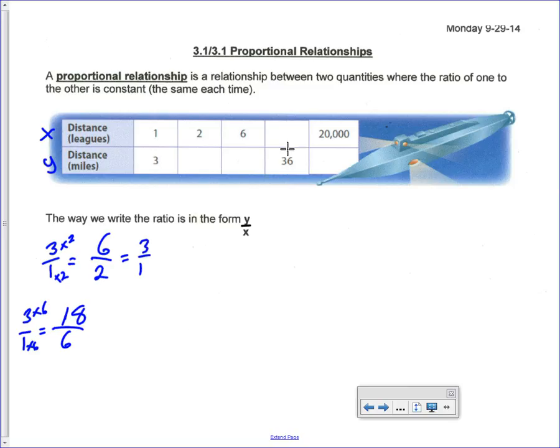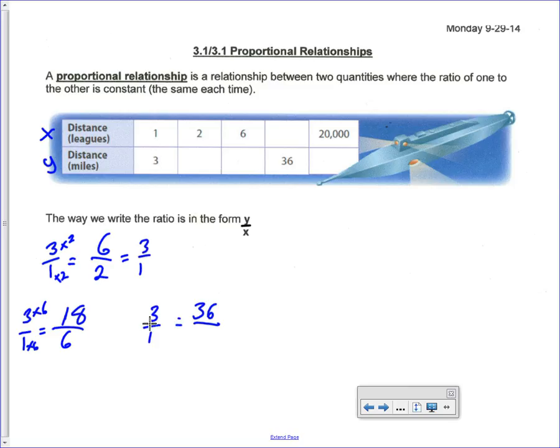All right, and then the next one, we don't know what the x is. We don't know if it skipped in here or not, but it has to equal 3 over 1 still. This is going to be 36 over x, so 36 is on top this time, and we need to find the x. Excuse me, I wrote this backwards. This is 3 over 1.